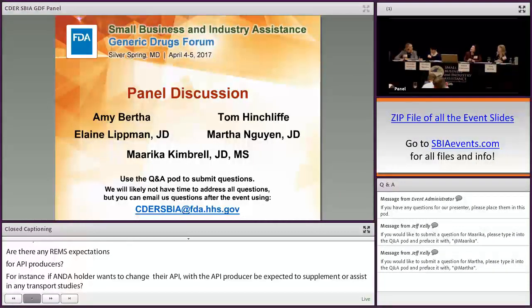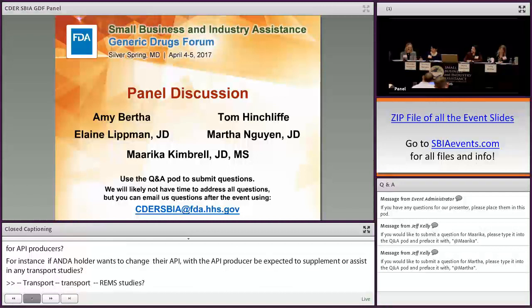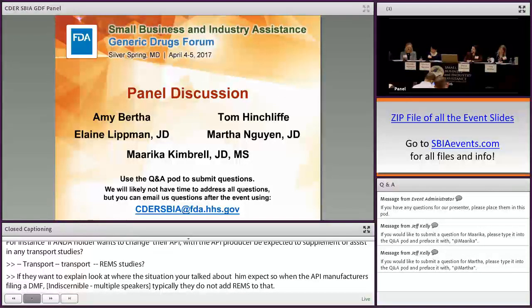If they want to explain a little bit more what the situation is. So when the API manufacturer is filing a DMF, typically they don't add a REMS to that. However, if an ANDA holder is trying to change API from their initial submission, they would need to do a PAS to update their application with a new API.